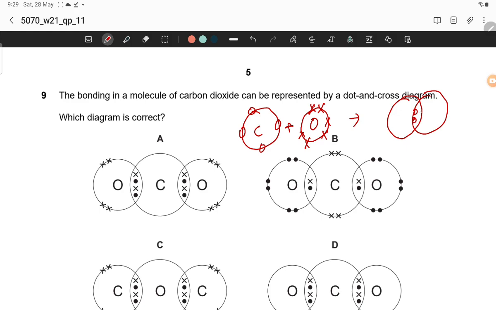This is oxygen, this is carbon. One oxygen atom, and another oxygen atom, are each required to share 2 pairs of electrons with carbon. So this is the correct diagram.